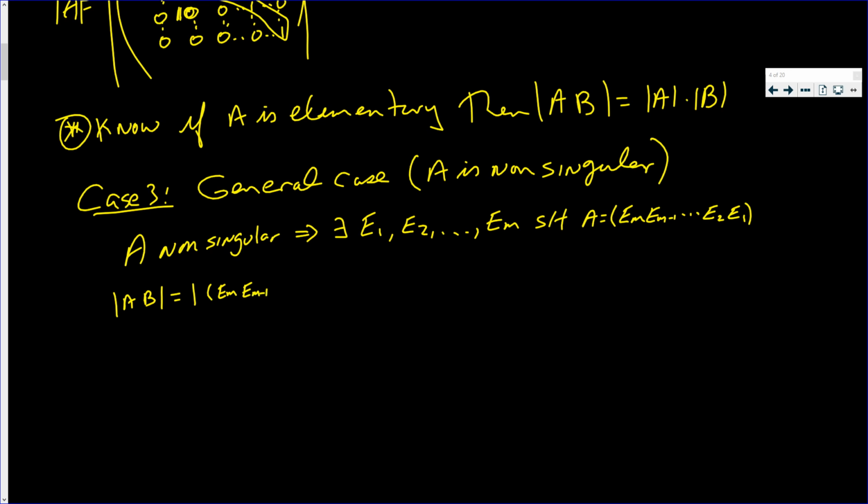So now, the determinant of AB is equal to the determinant of E_M, E_(M-1), all the way down to E2 times E1 times B. But this is equal to the determinant of E_M times E_(M-1), E_(M-2), all the way down to E2 times E1 times B. Now, this matrix is elementary, and a product of these matrices is a matrix.